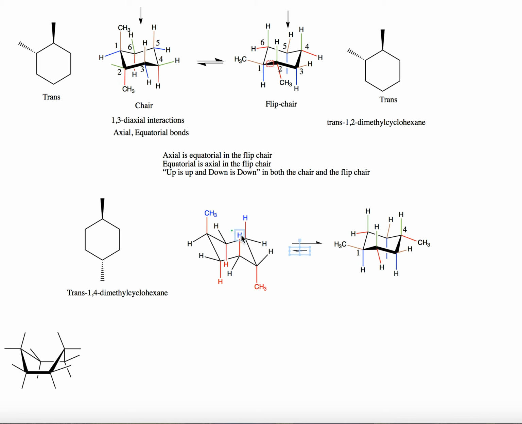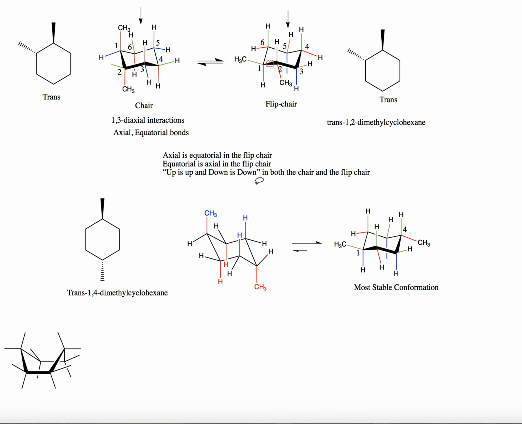Because here we have 1,3 diaxial interactions, whereas here both methyls are equatorial. So this would be the most stable conformation of trans-1,4-dimethylcyclohexane.